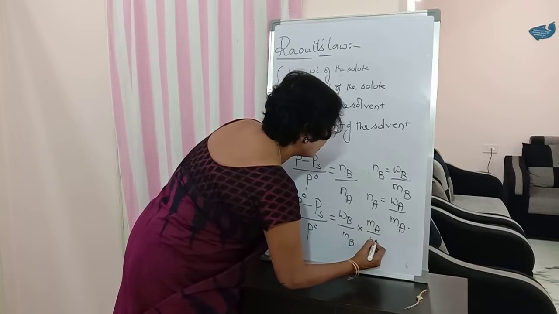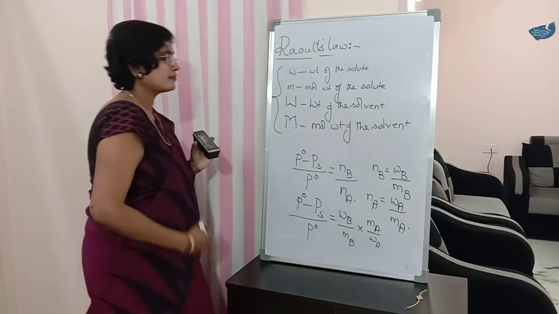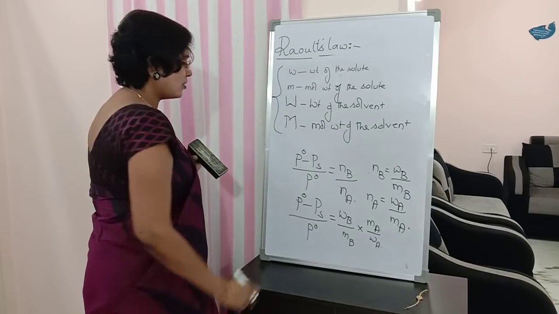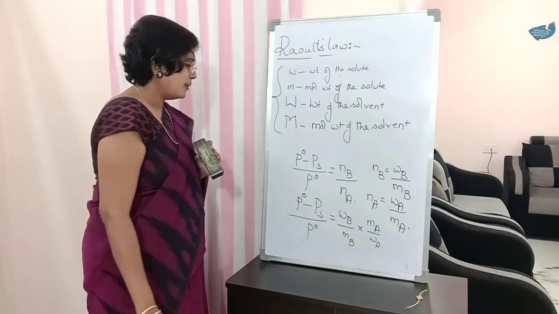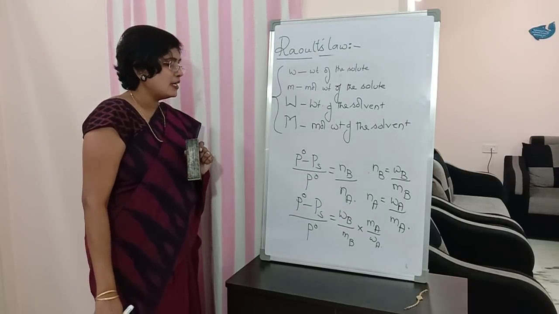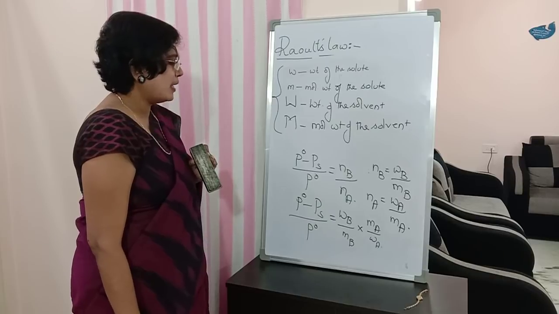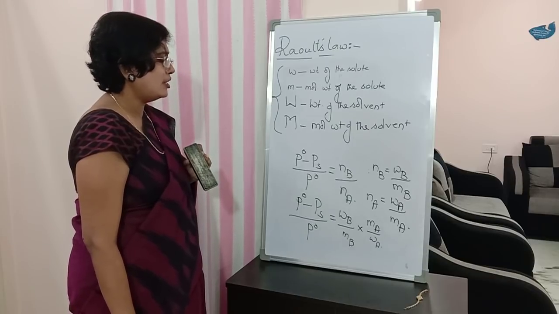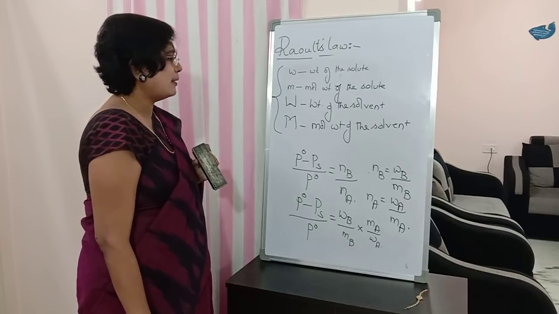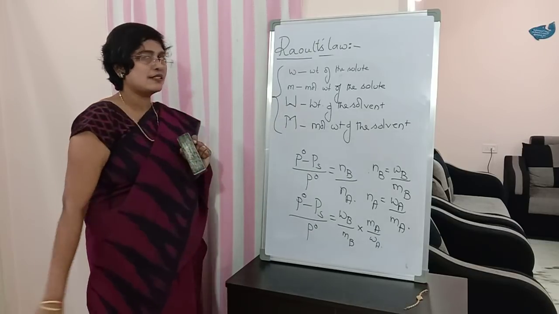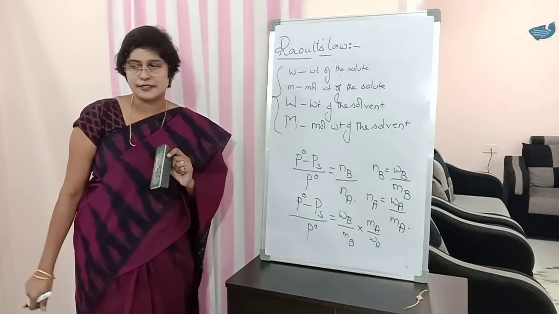Ma by Wa. Okay, so write down this students. P0 minus Ps by P0 is equal to Wb by Mb into Ma by Wa. Write down all this in your notebook, students.